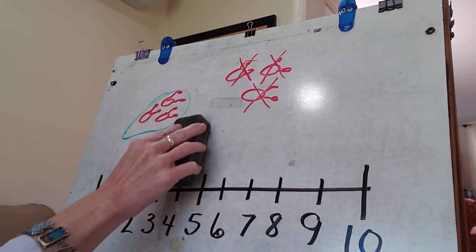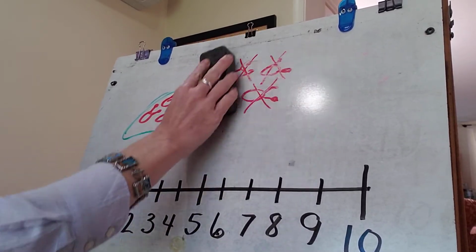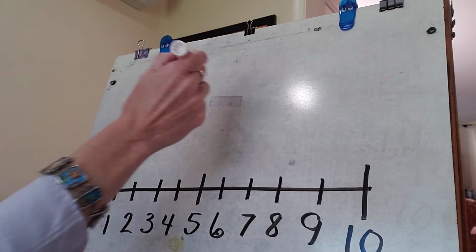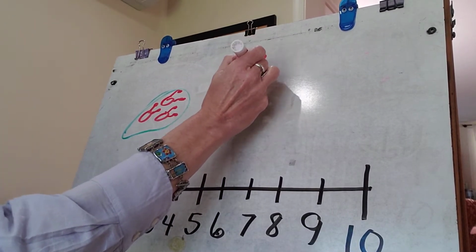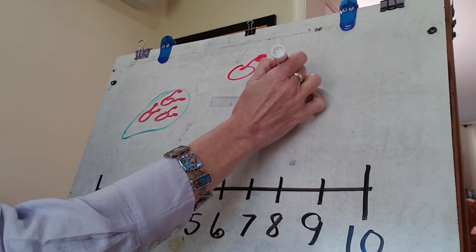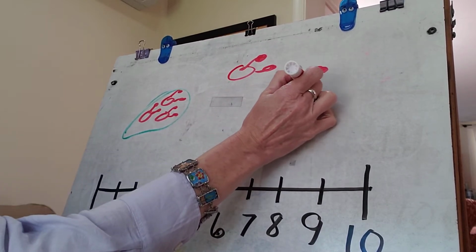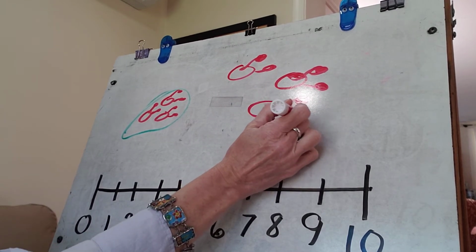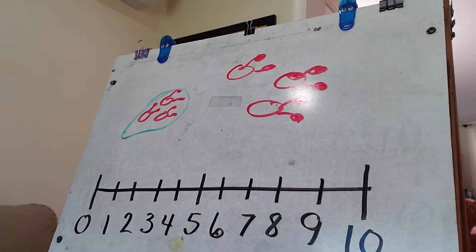Now, what I can also do is I can redo this story by using my number line. Okay, so I'm going to put my ladybugs back up here that are flying away. These are just my quick ladybugs here. Okay, so here's my subtraction story.